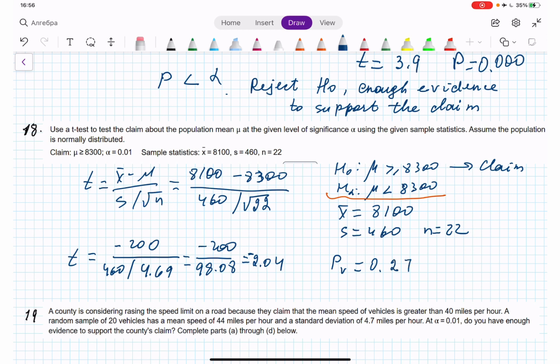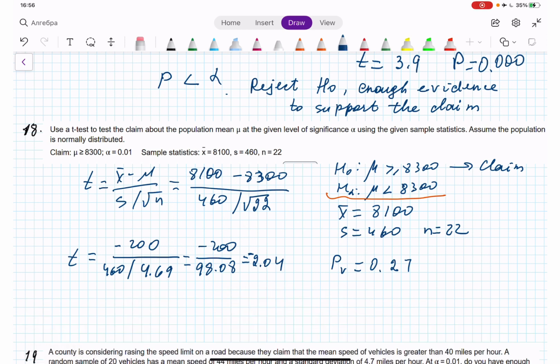All right, so let's compare. The p-value is 0.27, my alpha is 0.01. So my p-value is greater than my alpha, right? That means we fail to reject.